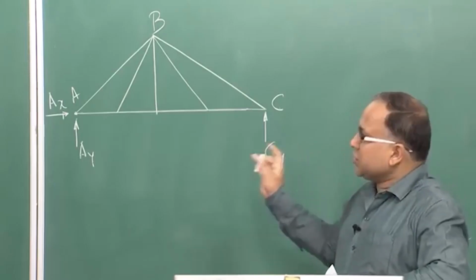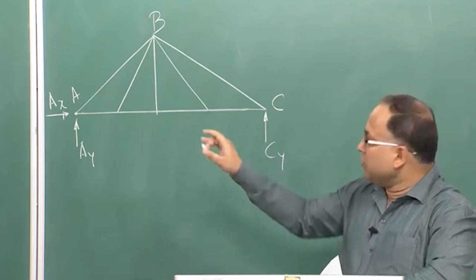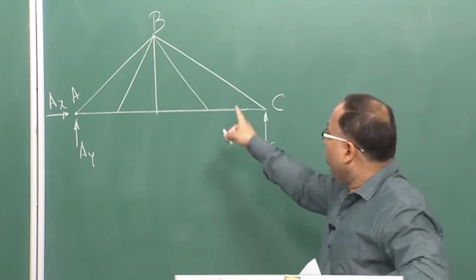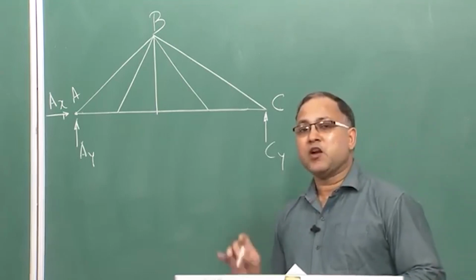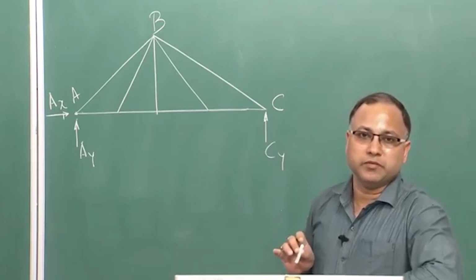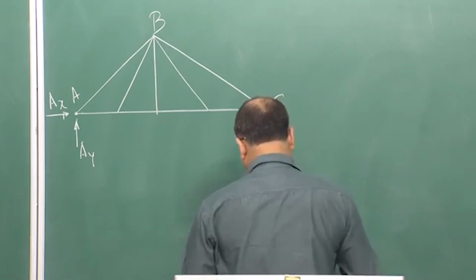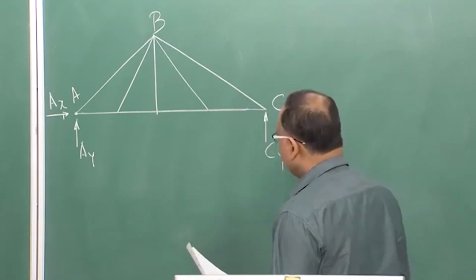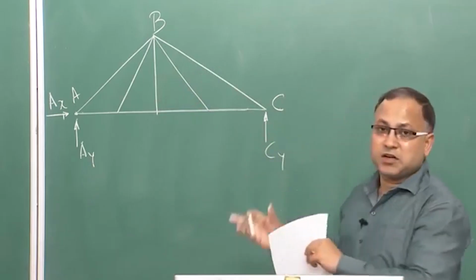And if you just follow whatever we have discussed now, you will see that the forces in all the members cannot be obtained by just satisfying the equations of equilibrium. This kind of structure is known as... of course, I mean for this structure we can find out.